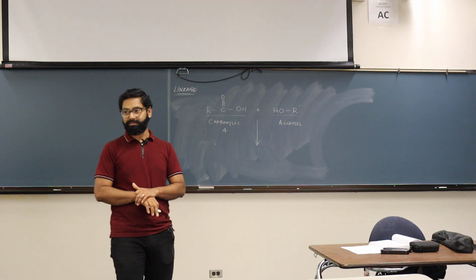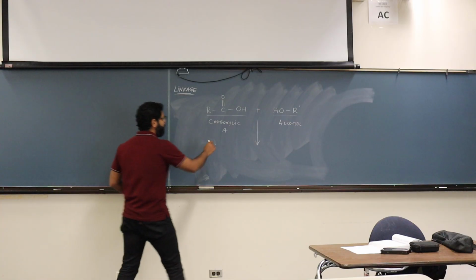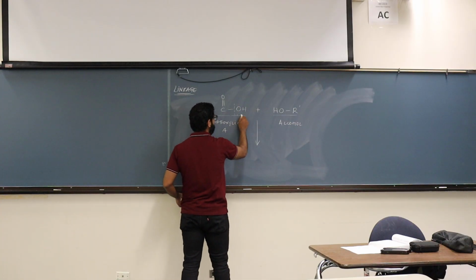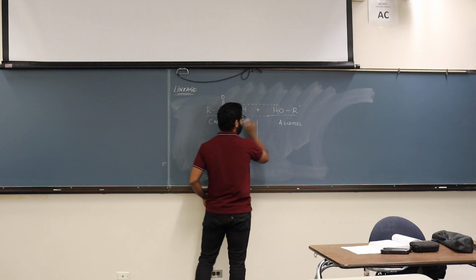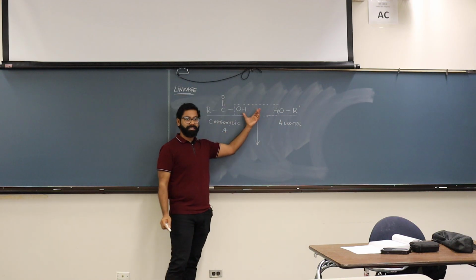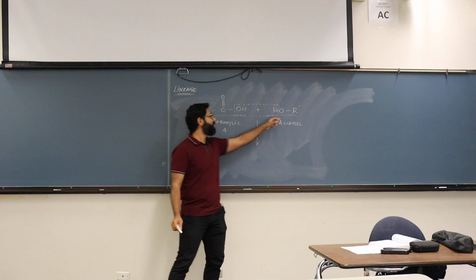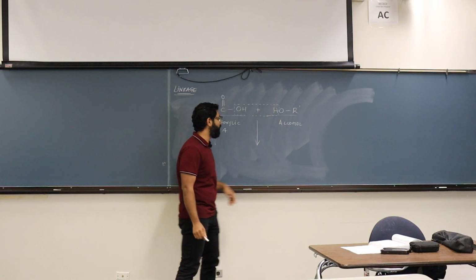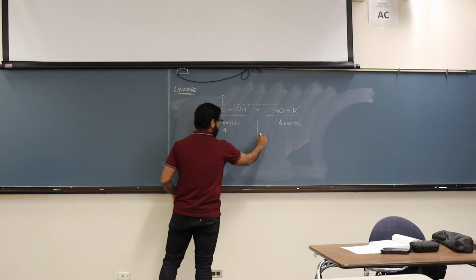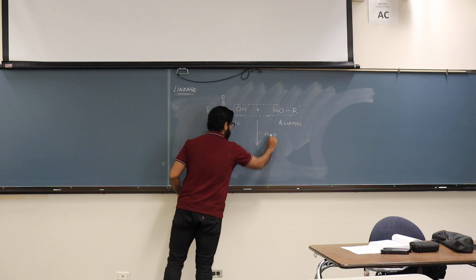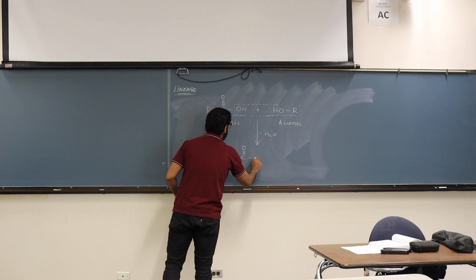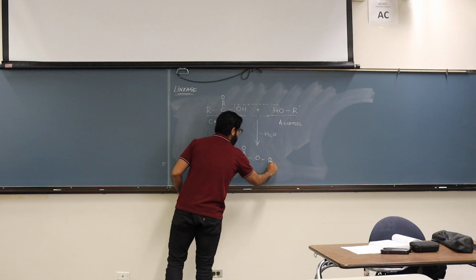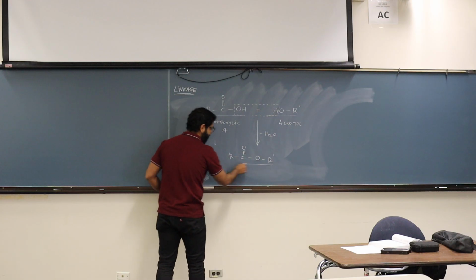In here, water is released, so OH from the COOH and H from the alcohol is released. So you get a minus H2O, and you end up getting an RCOOR dash. This is an ester.